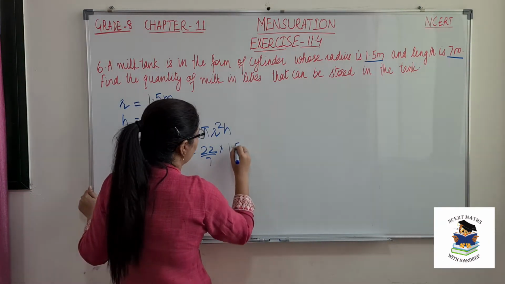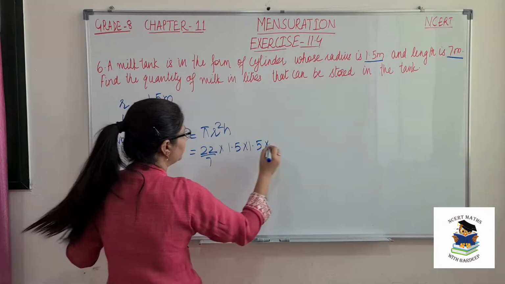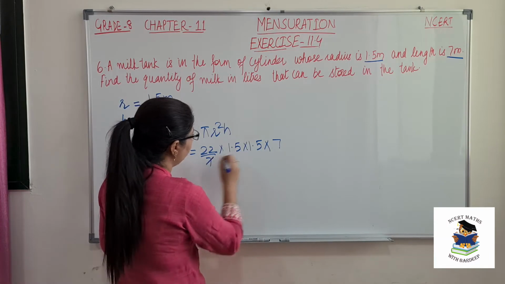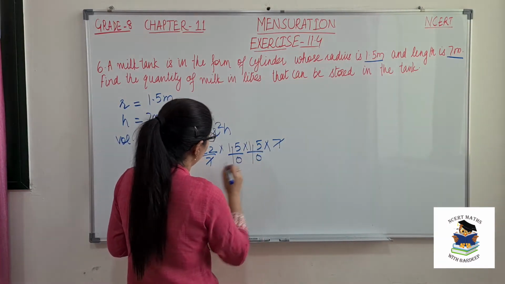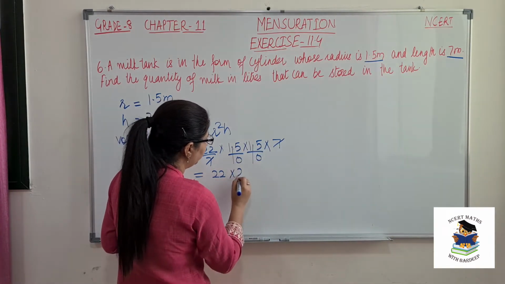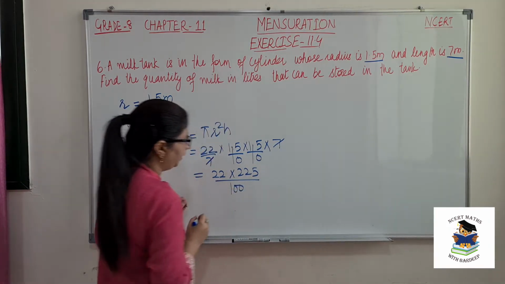So r is 1.5 into 1.5 and h is 7. Okay. So let's simplify this. 7 and 7 will be cancelled. So we are left with 22 multiplied by 15 square is 225 over 100.